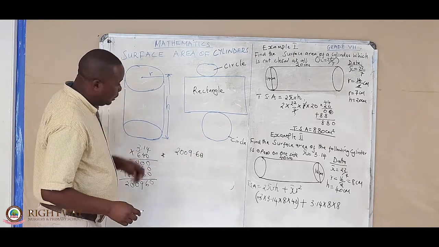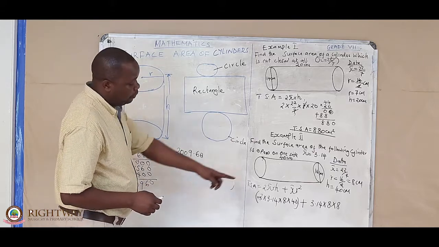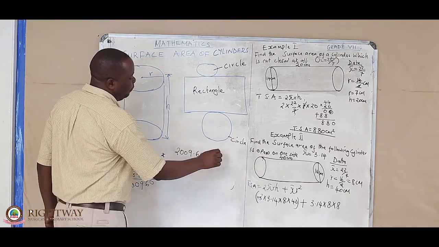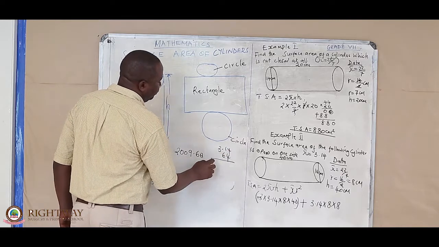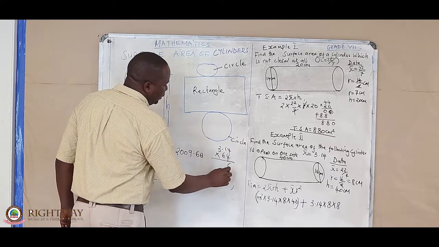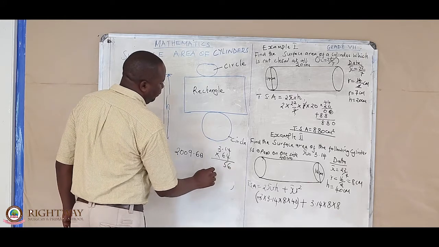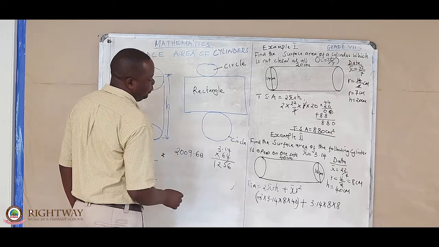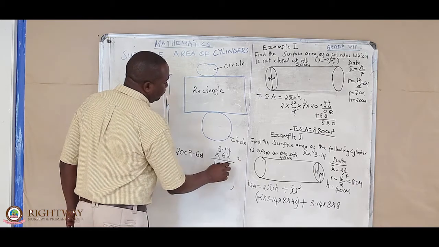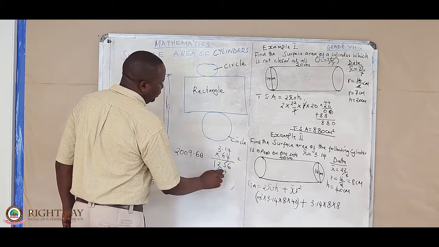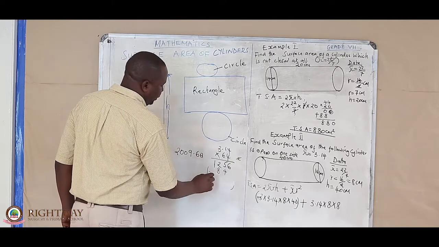The other part is 8 times 8 gives you 64. So we shall have 3.14 times 64. That is 16, 5, 12. That is 24, 8, 18.